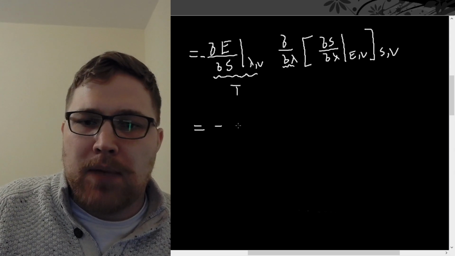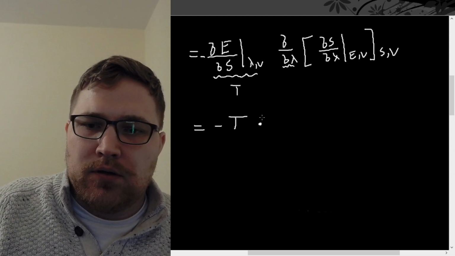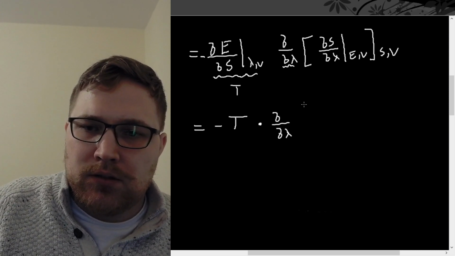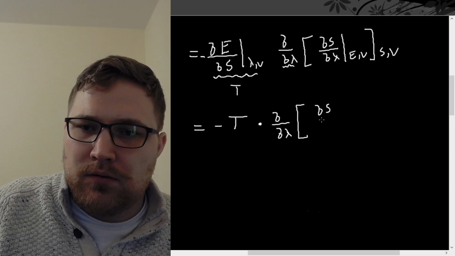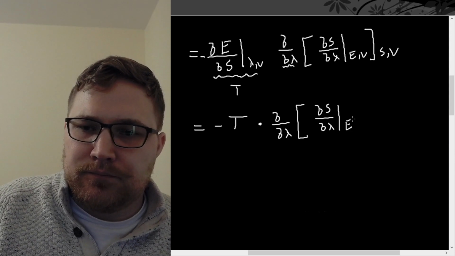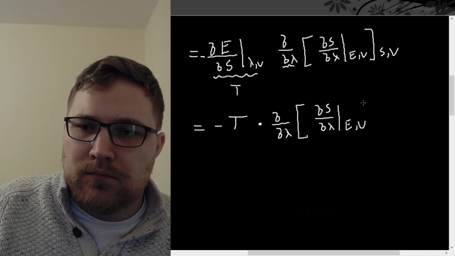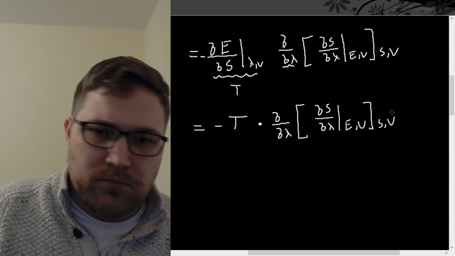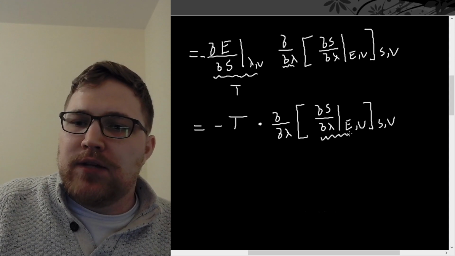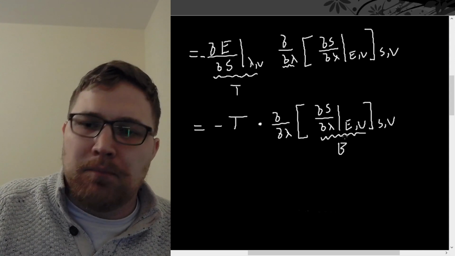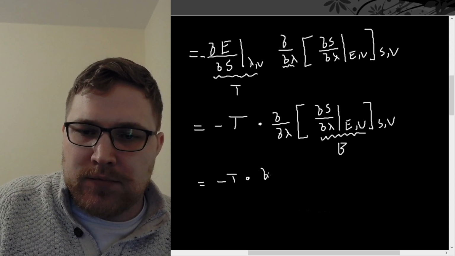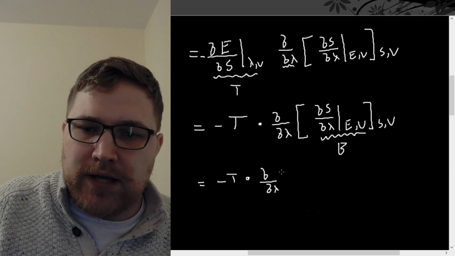We have minus the temperature times what we have above, ∂/∂λ. Now we're going to call the inside of this bracket B. Okay, so we have the second derivative of E equal to minus T times ∂B/∂λ.